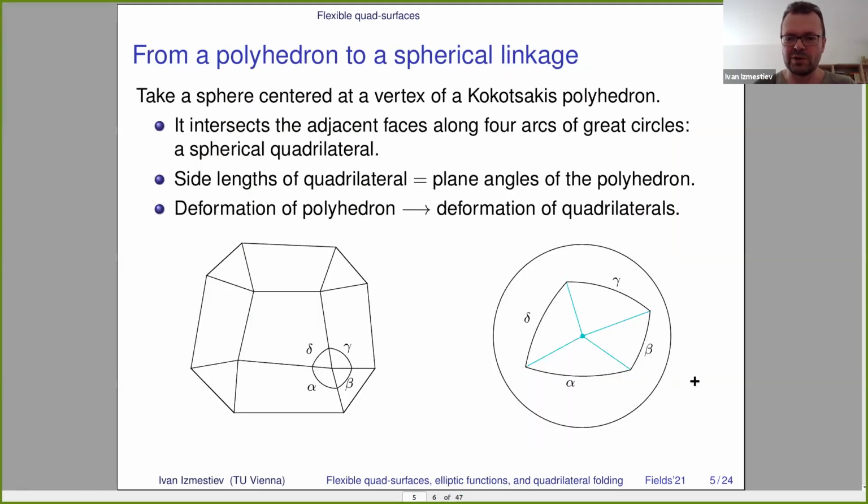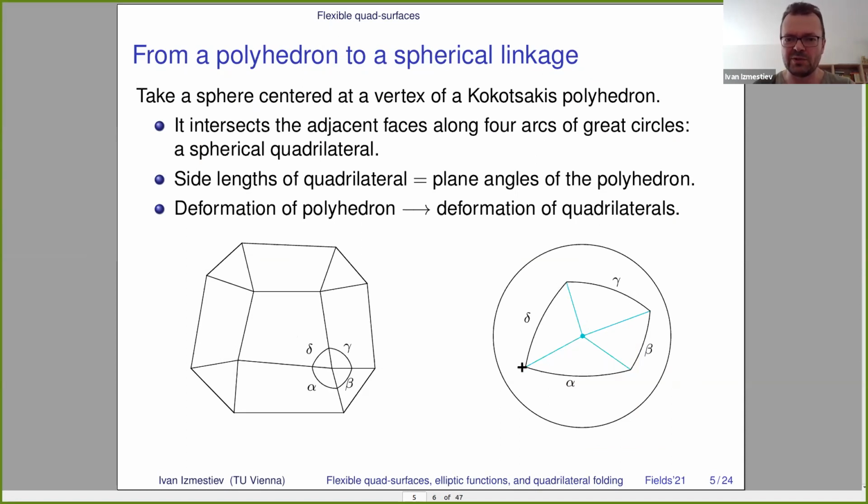So let us look at how we can try to solve that problem. Here again on the bottom left, you see the Kokotsakis polyhedron. Let us look at any interior vertex of that polyhedron. Let us take a small sphere centered at that vertex and intersect the sphere with the polyhedron. Then what you get is a spherical quadrilateral, now pictured on the bottom right.